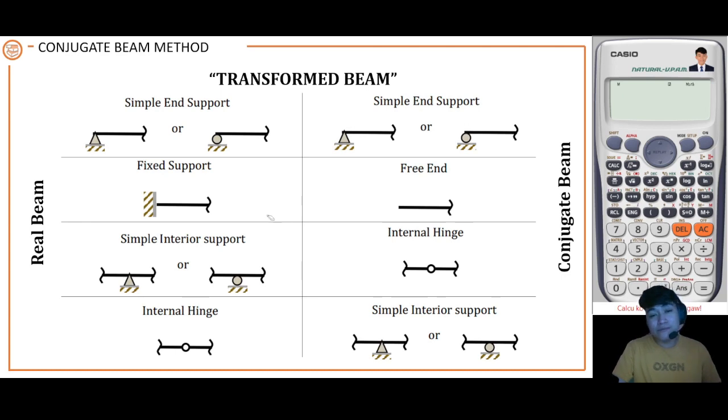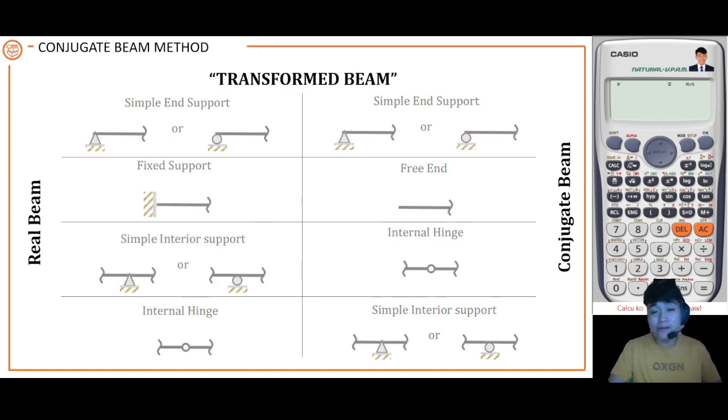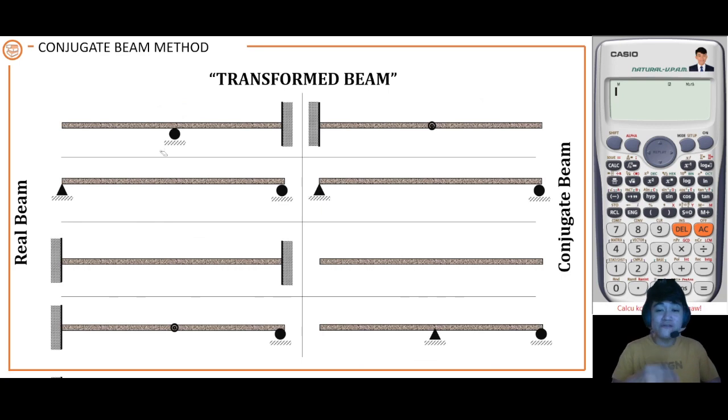Now, let's have sample beams to be converted from a real beam. You have to look at the ends. Now you have here a free end. If you have a free end, that will be a fixed support in the conjugate beam.